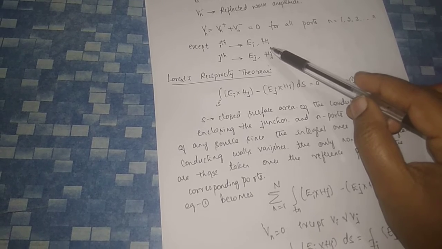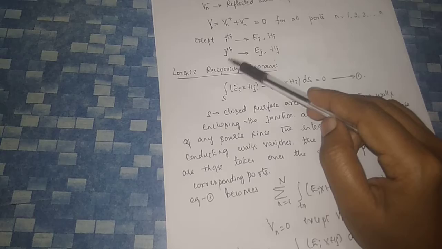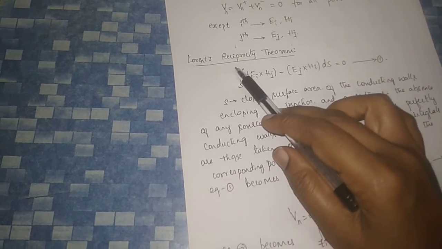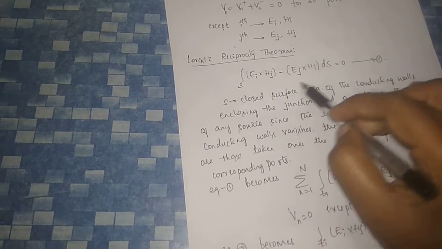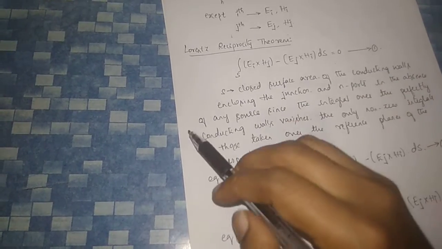So these two are your reference ports. Okay, so from the reciprocity theorem, you can write this equation. Here S is nothing but your closed surface area. So that is what we said, no?